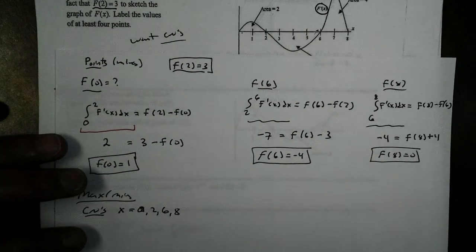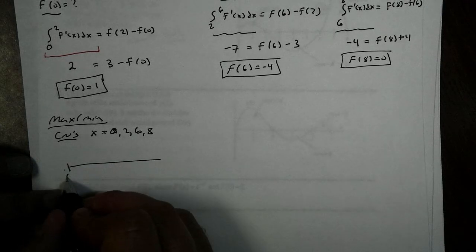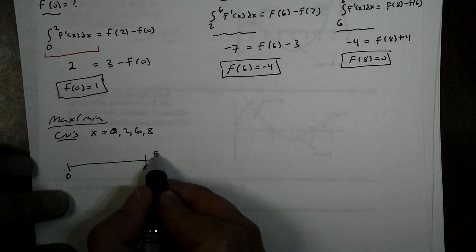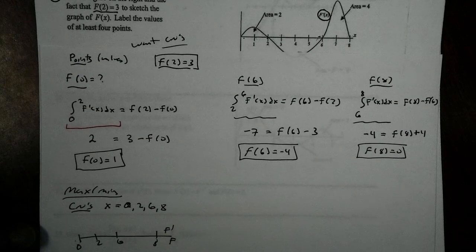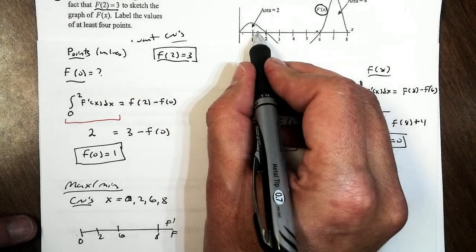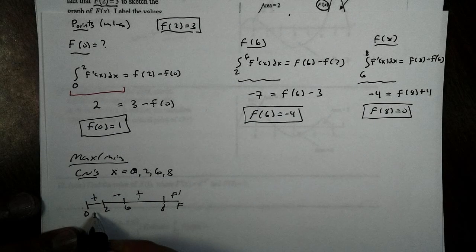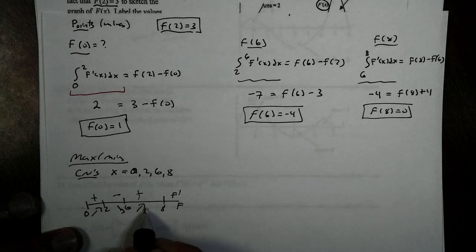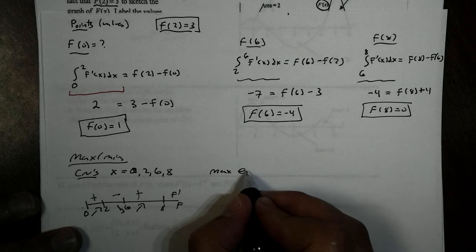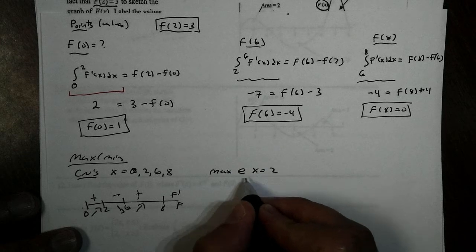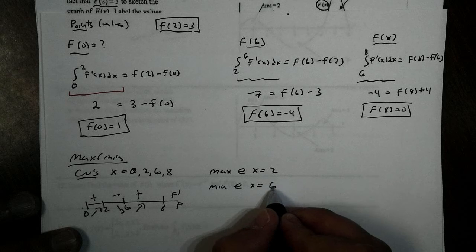If I do my sign chart here, 0 to 8, f prime and f, 2, 6. So I look at the signs. I'm above, below, and above. So plus, negative, plus. So it's increasing, decreasing, increasing. So I know I have a maximum at x equals 2, and I have a minimum at x equals 6.